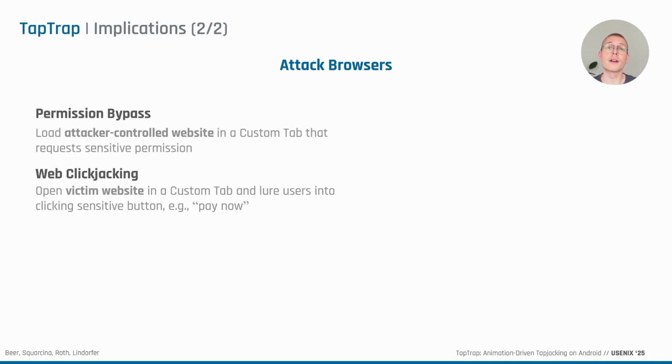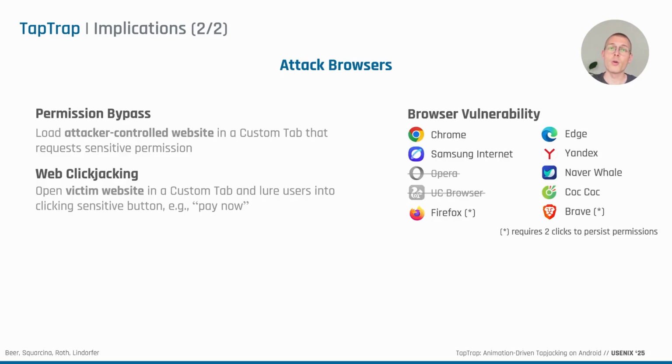That means we can, for example, load a victim website in a Chrome custom tab, that means in a browser, for example, a shopping website, and then lure the user into tapping the Pay Now button. We analyzed 10 major browsers on Android, and we found that 8 of these are vulnerable to TapTrap.